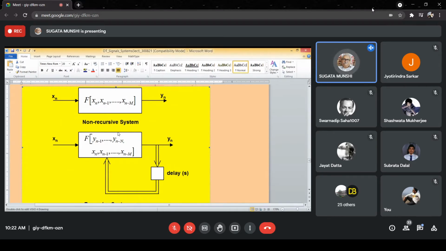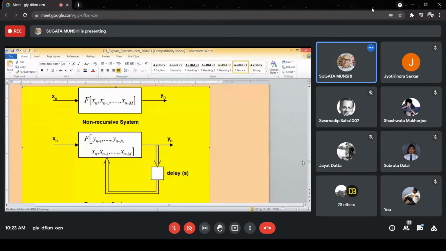Whereas in case of the recursive system, the bottom one, at every instant of time the system operates on the current and a few previous input samples and some of the already computed output samples. So those are obtained at every instant of time to yield y[n].